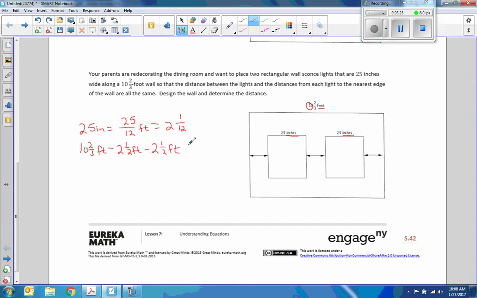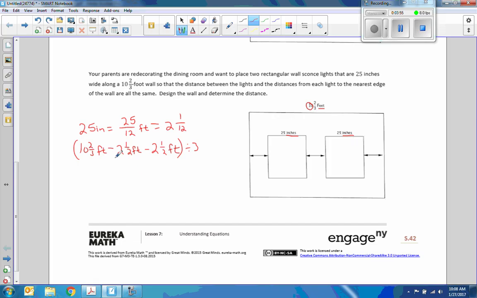And then once I do that, I find the total distance left over, and so then I need to divide by 3. So this is going to be the total, minus one poster, minus the other poster, equals the space remaining. And if I want all 3 areas to be the same, then I'm going to divide by 3.